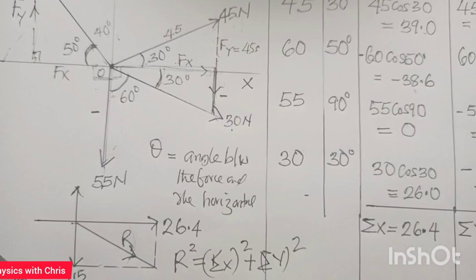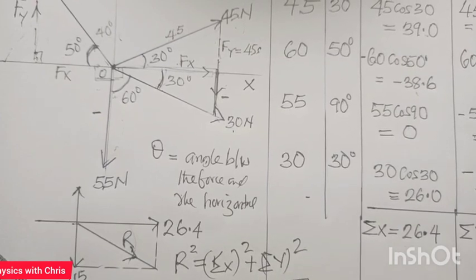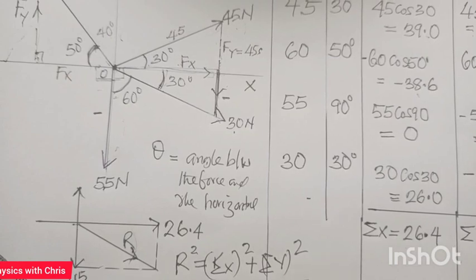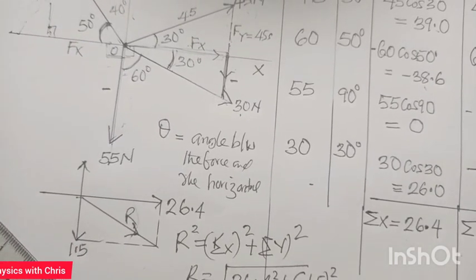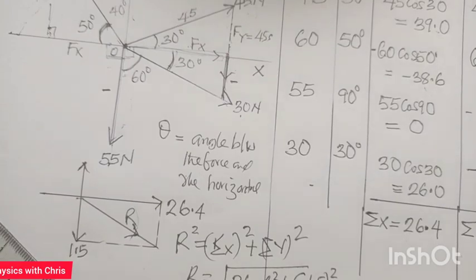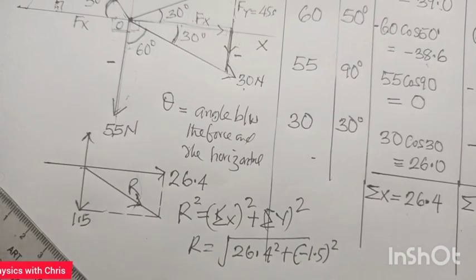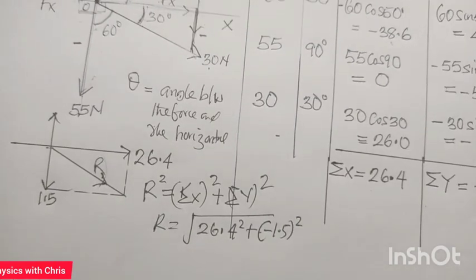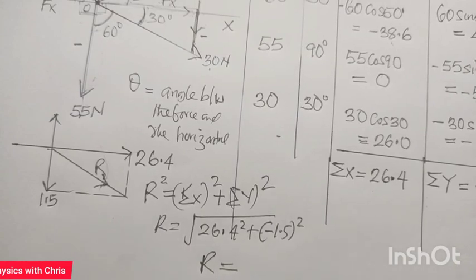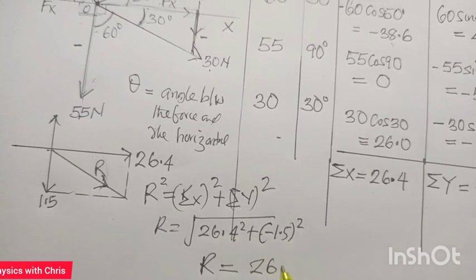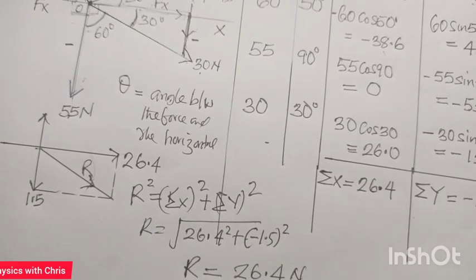That gives me r equals square root of 26.4 squared plus minus 1.5 squared. Okay, so I need to allow you to apply your calculator here so that you can give me the final result. Take your time. I guess you are done with your results. Mine gave me 26.4. I think that is the resultant vector.